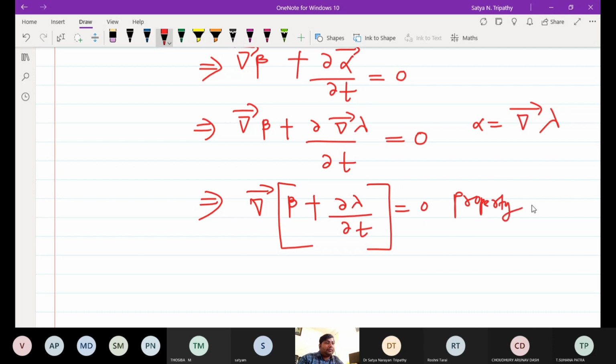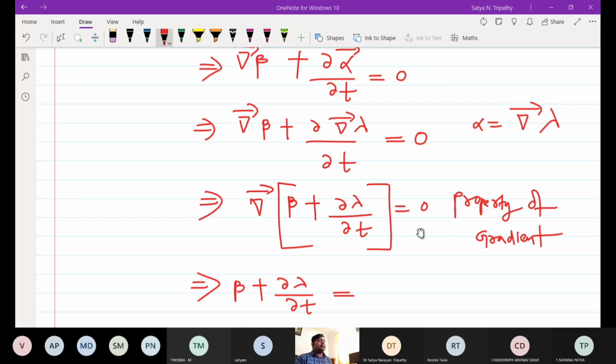By the property of gradient, this then implies B plus d lambda by dt is equal to some scalar function of position. So grad of f is 0.